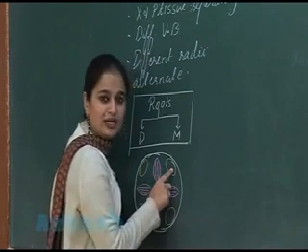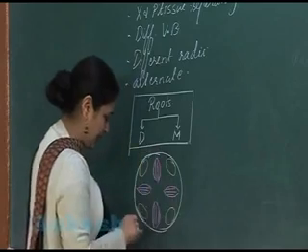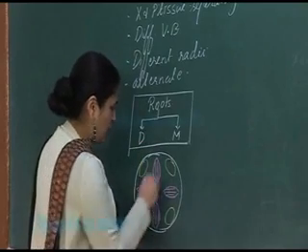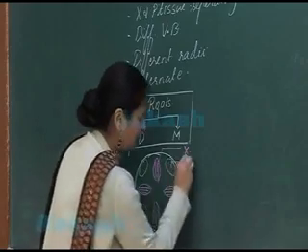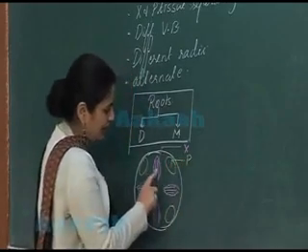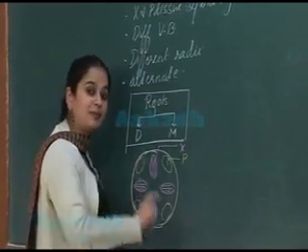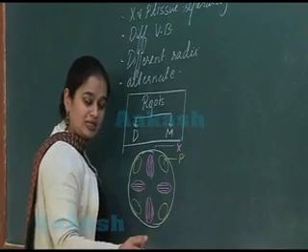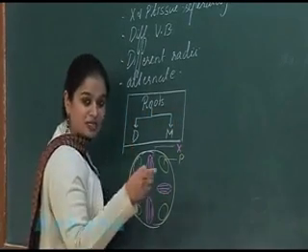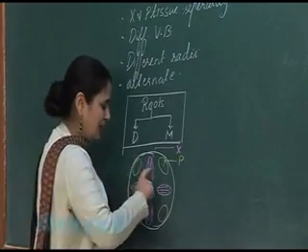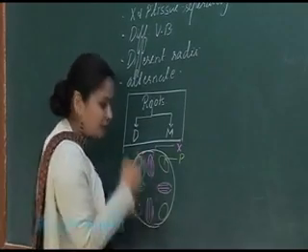These yellow ones represent phloem strands. So you can see one xylem vascular bundle and one phloem vascular bundle. Xylem and phloem strands are present separately and alternating with each other. One xylem, one phloem. One xylem, one phloem.